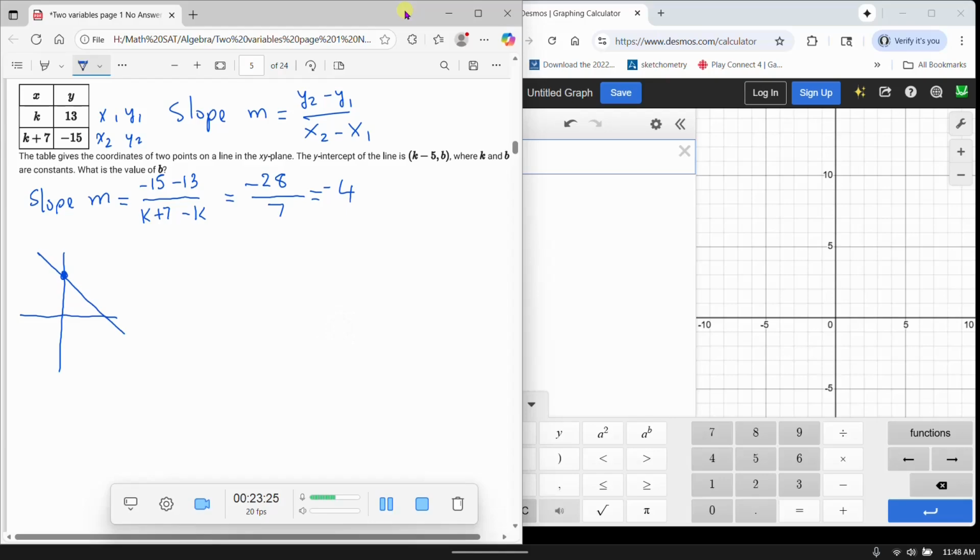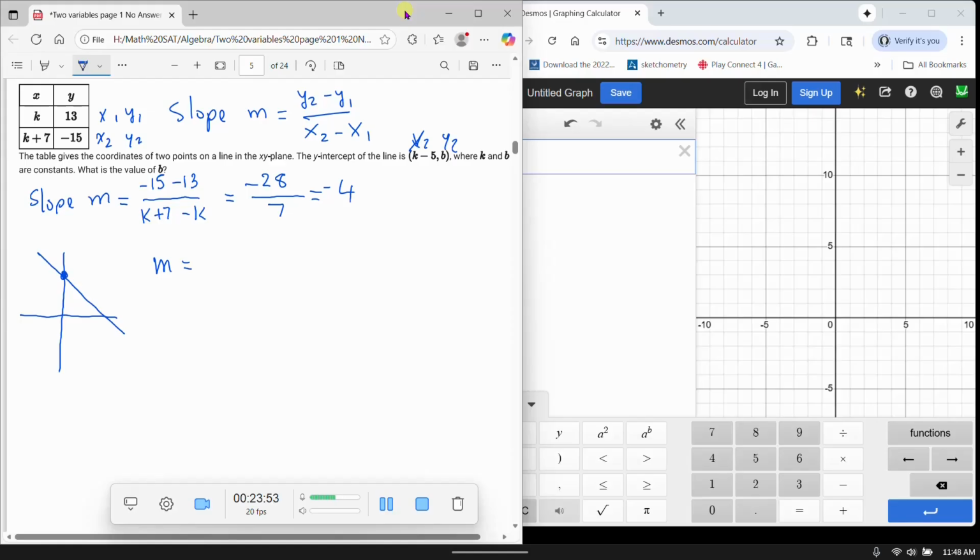So I'm going to find the slope m again by using the y-intercept and the x1, y1 from the table. This is going to be my new point x2, y2, and I'm still going to use x1, y1, which is k, 15.